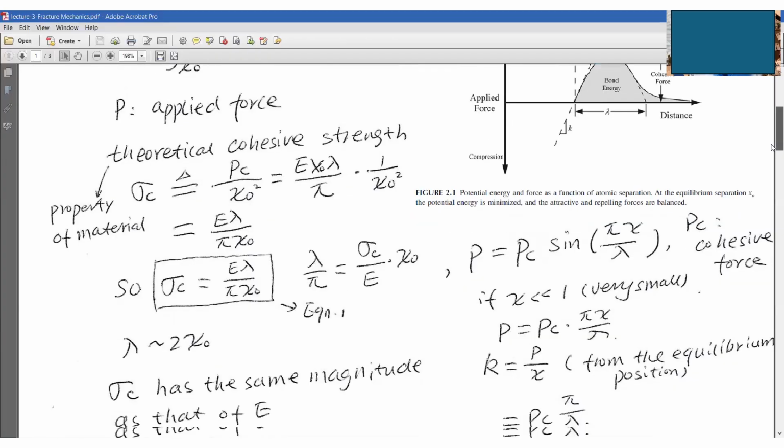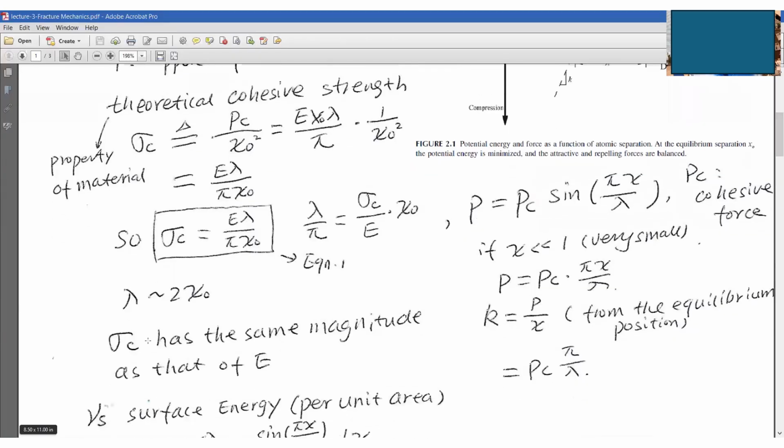So you can see that sigma C has the same magnitude as Young's modulus. Lambda and x0 have the same dimensions. Pi is a constant, so sigma C has the same magnitude as Young's modulus.